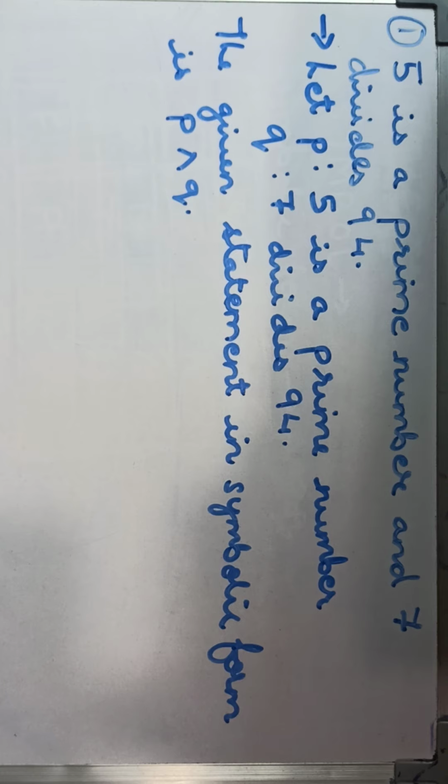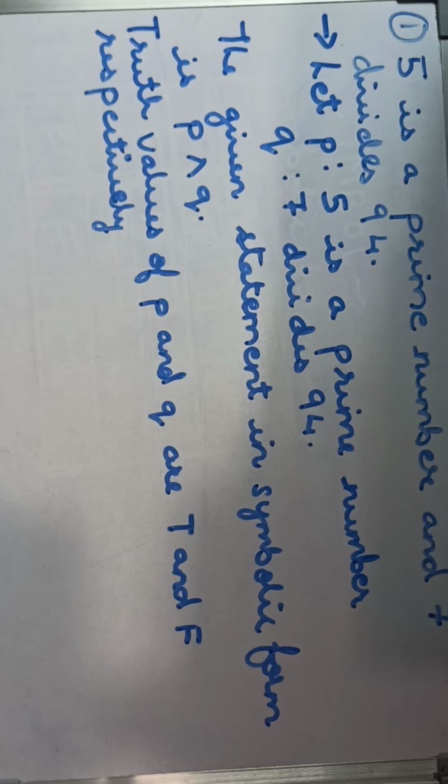Now if they ask you to find the truth value of this statement: we know 5 is a prime number is a true statement, and 7 divides 94, we know 7 does not divide 94, so that is a false statement. So the truth values of P and Q are T and F respectively.